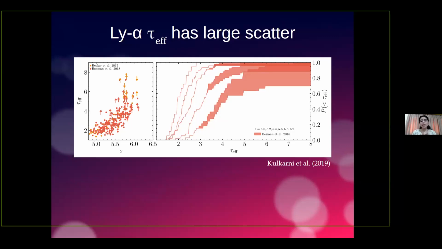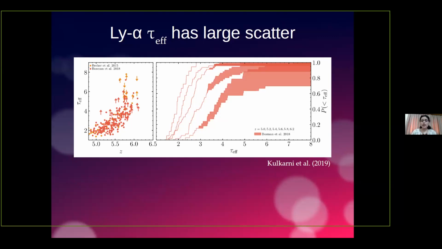Between redshift 5 and 6, we can see that the Lyman alpha optical depth has a very large scatter, which indicates spatial fluctuations in the ionized state of the IGM at the same redshifts. So it was difficult to explain these observations using the standard models of reionization, in which we assumed a uniform UV background.